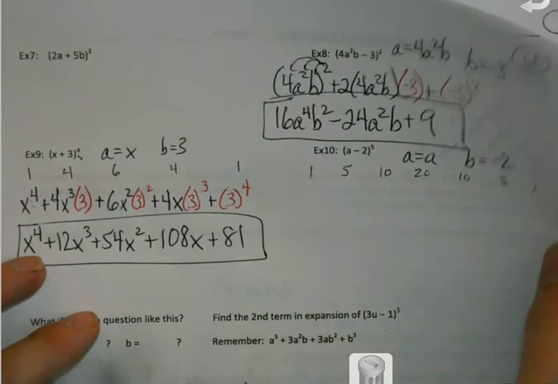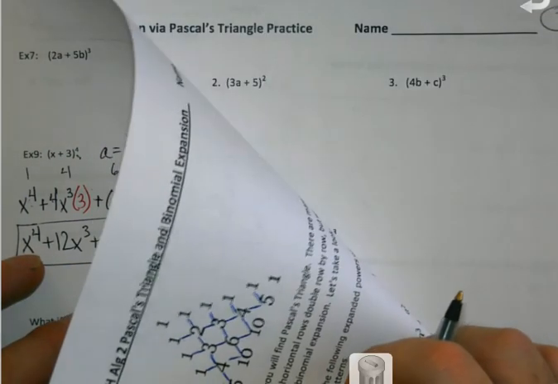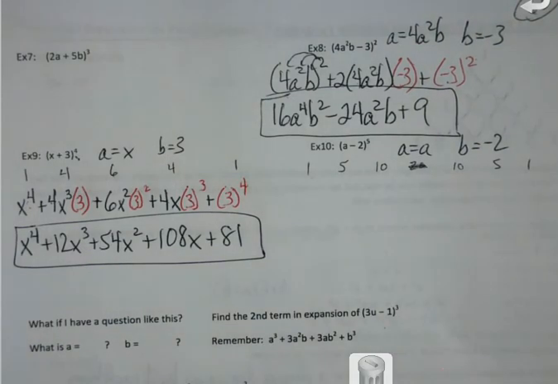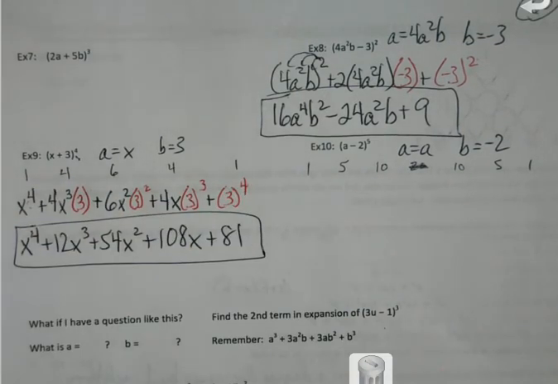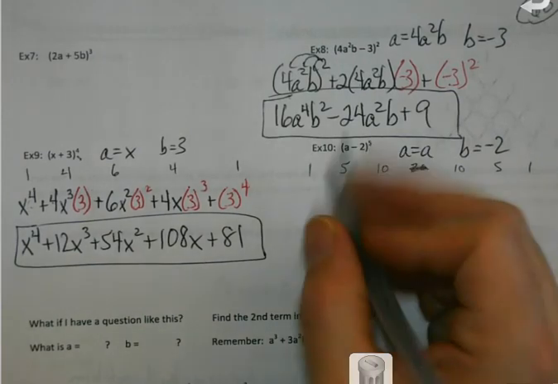Almost did it. Oh, you went one past. 1, 5, 10, 10, 5, 1. That's right. I could have even just looked at this. 5, 10, 10, 5, 1. I got a little too happy. Okay. So I'm starting at 5.